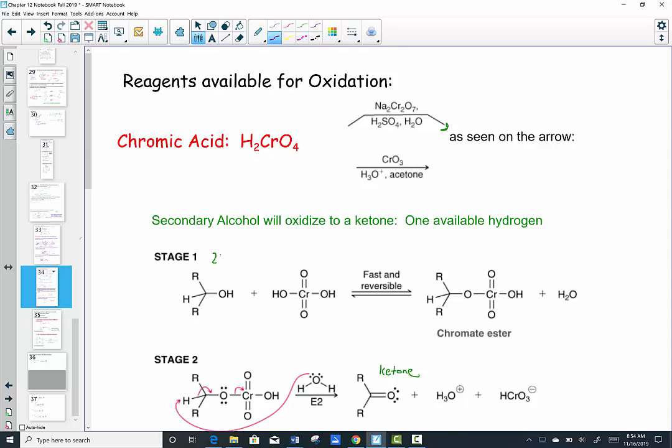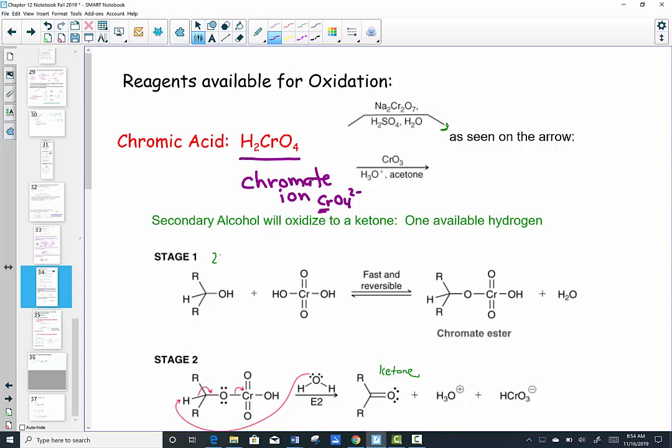The reagents available, we'll talk about 3 of them. The first of the 3 is called chromic acid, H2CrO4, which comes from the polyatomic ion chromate. And when you see the chromium ion here, which is CrO4 2 negative, it's this chromium that serves in the key role of oxidizing.